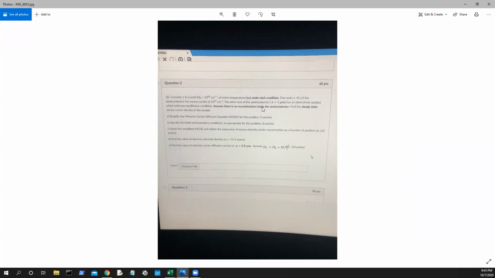Just one general note: if you're in a dark condition at any point in a question, your final solution will no longer have GL tau n in it, because the GL drops to 0 under the dark. Also, you can make a side note that your ln or your lp is equal to the square root of dn times tau n, because that's going to need to be plugged in for certain solution sets.